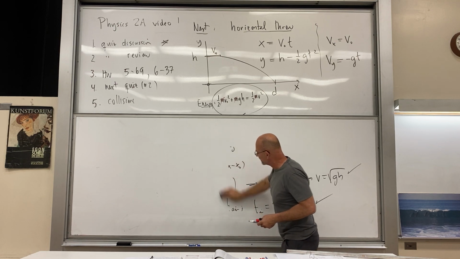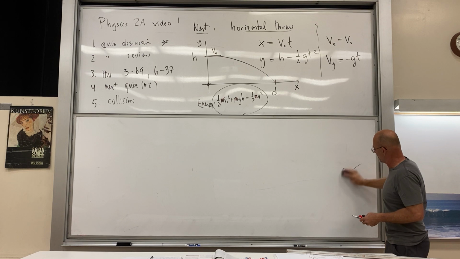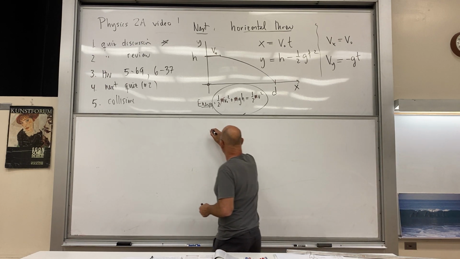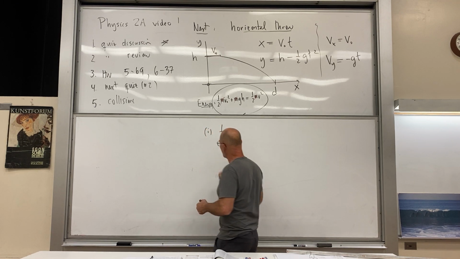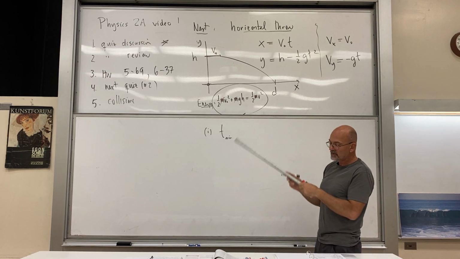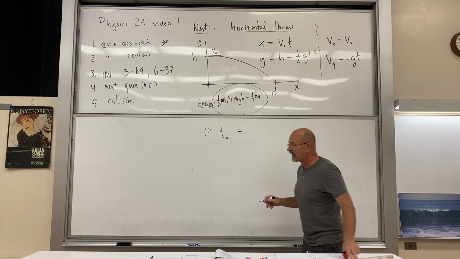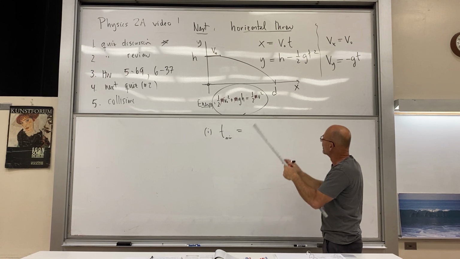See what we can ask about this. The time, which I'm going to call the time in the air, or the time until the projectile impacts with the ground, is obtained from this equation when y is equal to 0.